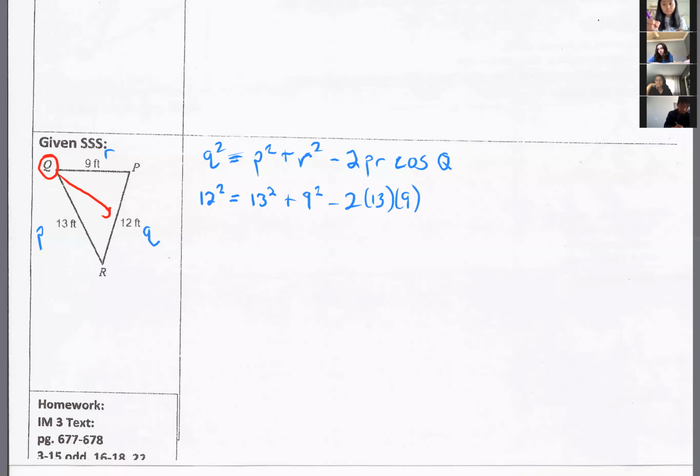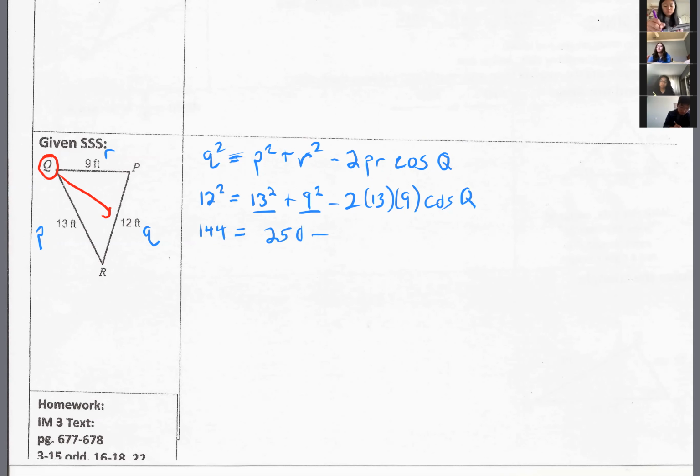My only variable here is angle Q. So I'm going to write 12 squared is 144. When you do 13 squared plus 9 squared, let's figure out what that equals. It's going to be 250.